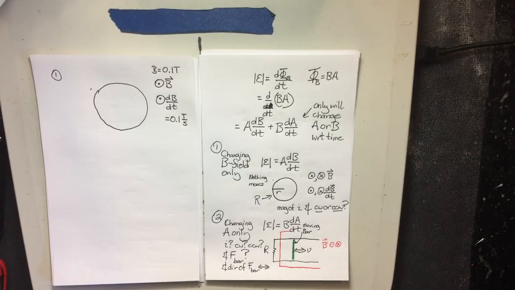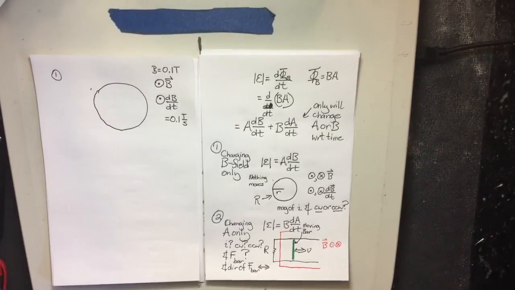No. If I gave you data points that said B field was 1 Tesla, 0.9 Tesla, 0.8 Tesla, 0.7, then, let's say B was up, 1 Tesla up, 0.9 up, 0.8 up, you would know that the dB/dt was 0.1 Tesla per second down. But it's still going out of the page. B field would be going out of the page, but dB/dt would be going in.